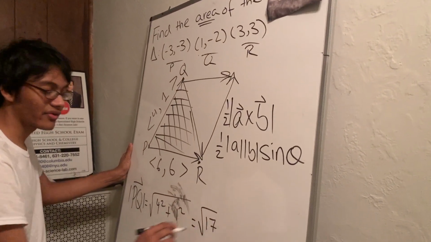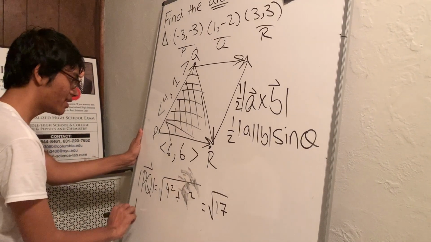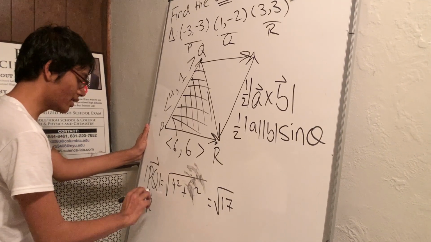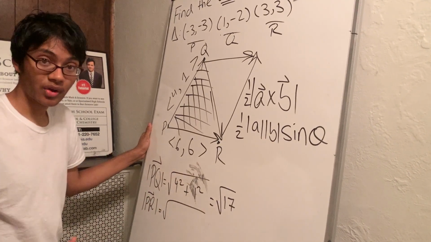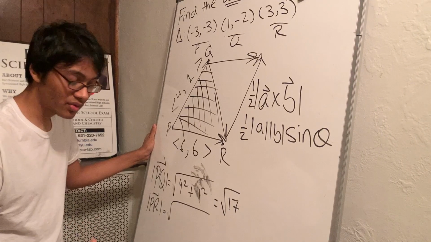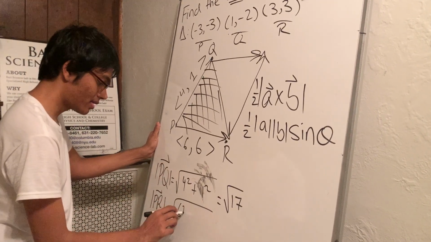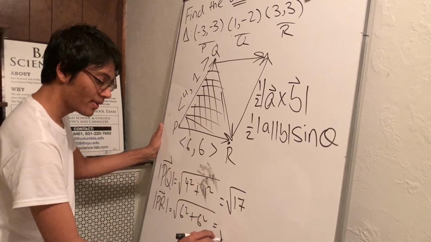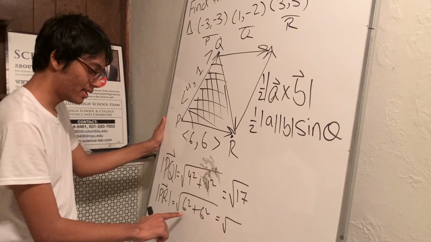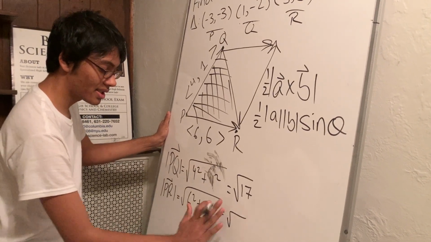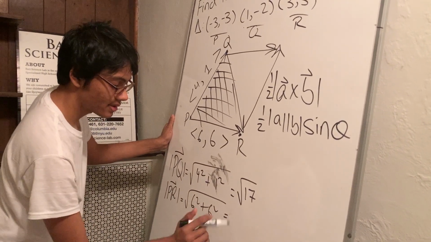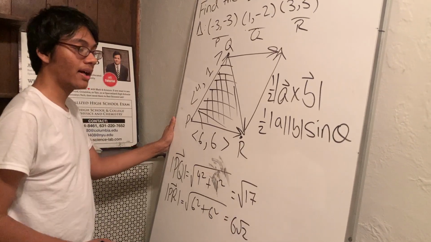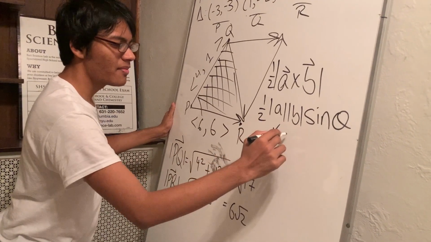That's going to give me square root of 17. Likewise, to find the magnitude of my second vector PR, I'm going to take the square root of the sum of the squares of the components. So I'm going to have 6 squared plus 6 squared, which is going to give me what? 72, which is just 6 root 2. Okay, so I've got the magnitude of A, magnitude of B.